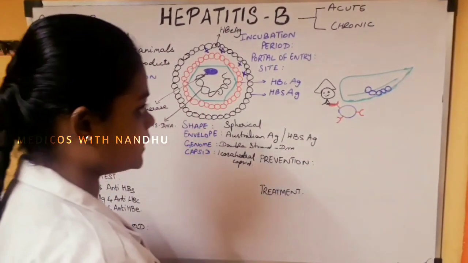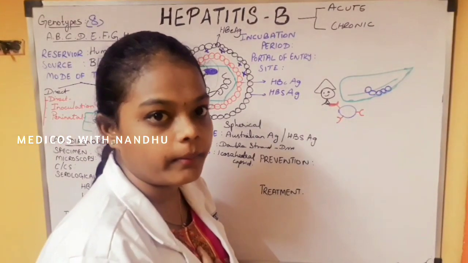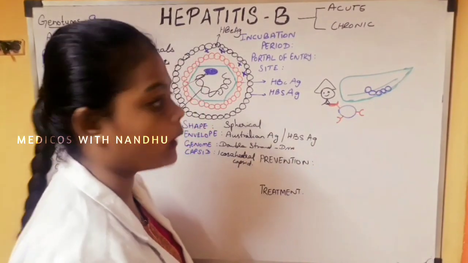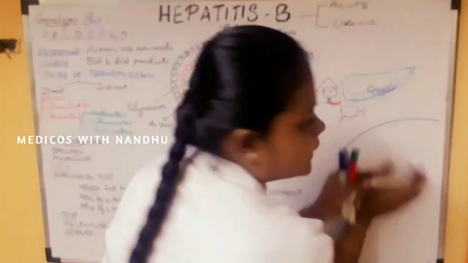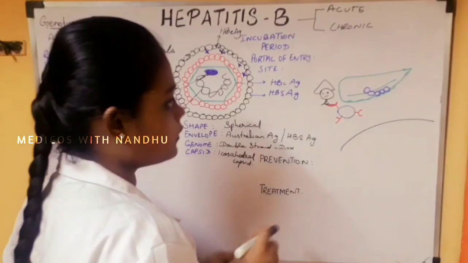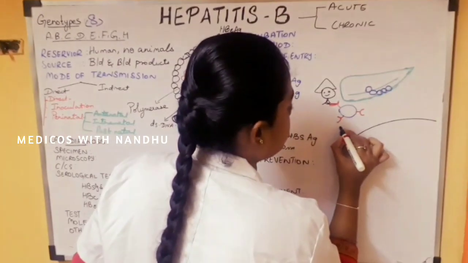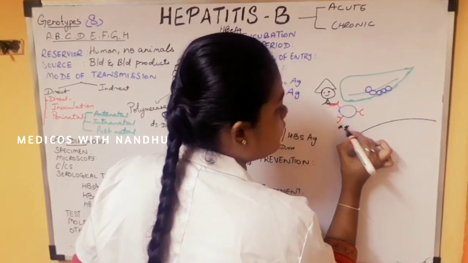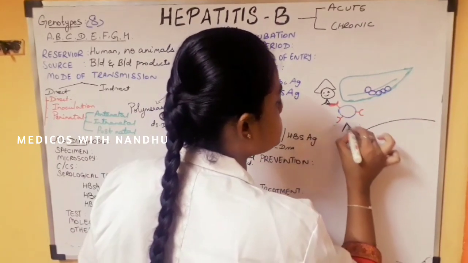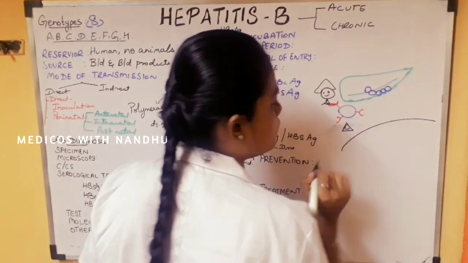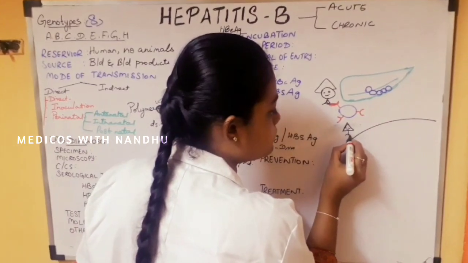After reaching the hepatocyte, normally I will separate the cell membrane now. See, this is a cell membrane, this is our cell. And this is the virus.